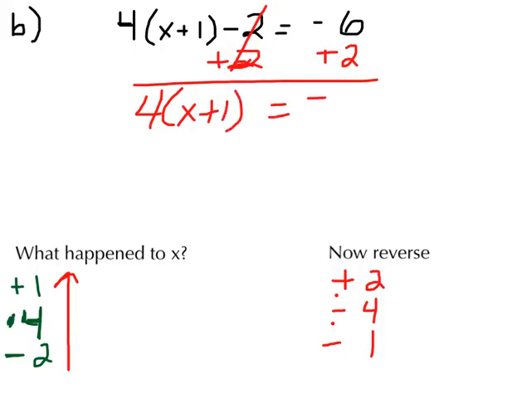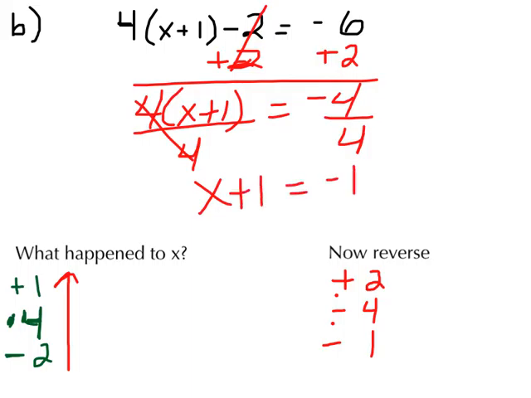Negative 6 plus 2 is going to give me negative 4. I'm going to now divide by 4. I'm just following what I already had written down. I'm going to get x plus 1 equals negative 1, minus 1, minus 1. x is going to equal negative 2.